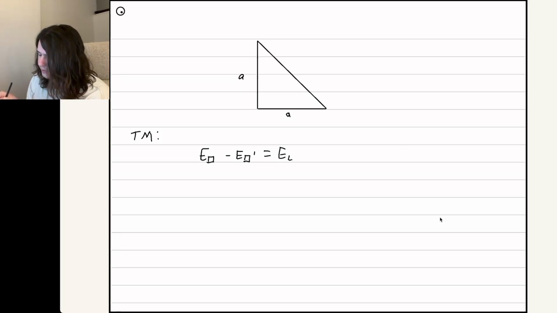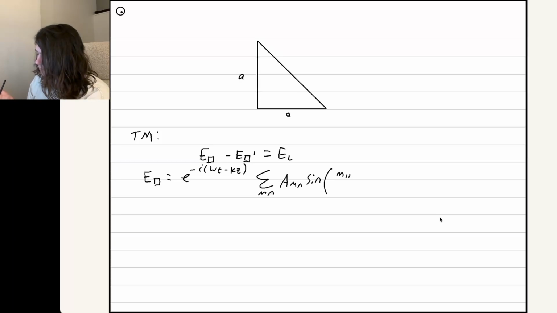So the longitudinal electric field for a box is given by pretty much the one for a rectangle in the book, except the denominators on the inside of both of these sine functions are going to match.